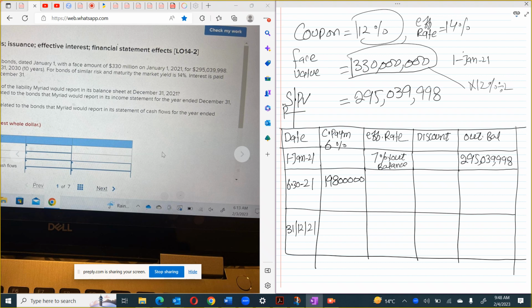Just minus the coupon, the cash payment minus the effective rate. It is 852800. Then please add this to the outstanding balance and calculate the new outstanding balance.